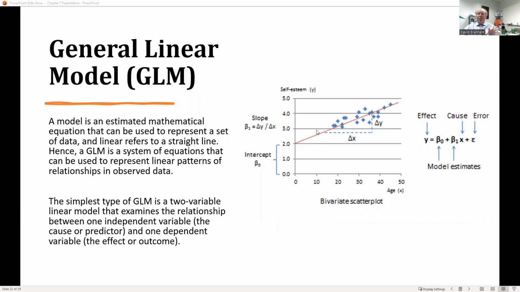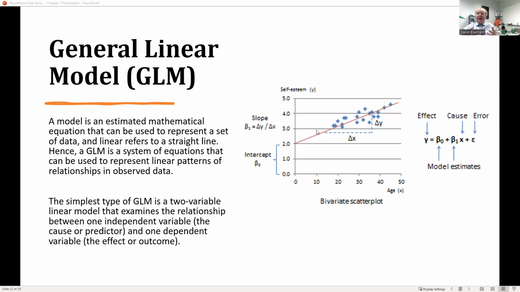So a general linear model is a system of equations that can be used to present linear patterns of relationships in observed data. This is what we do in experimental design, and this is what we do in further tests beyond experimental designs, such as regression and so forth.